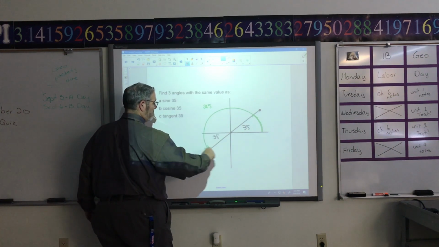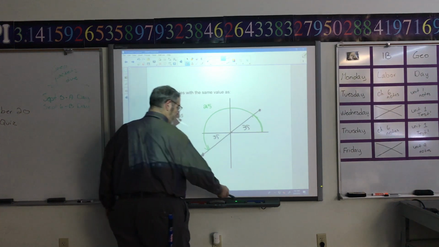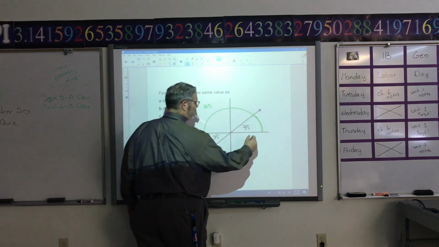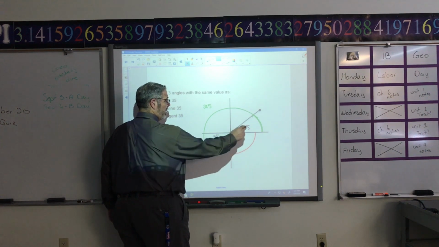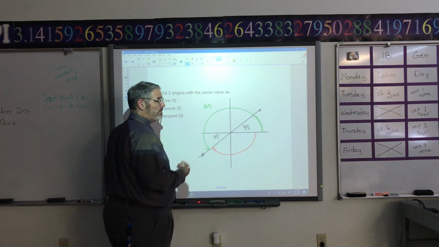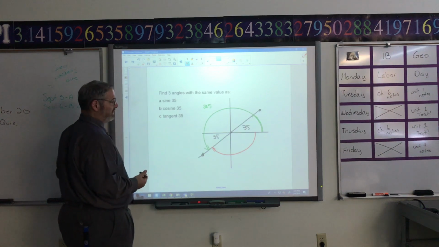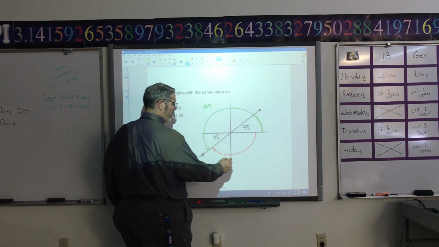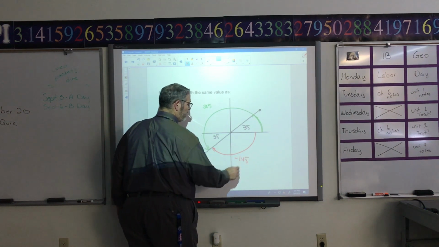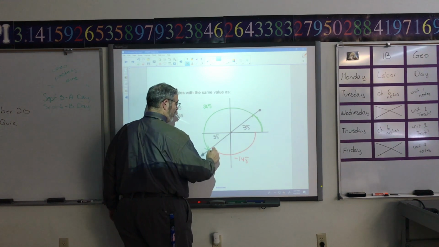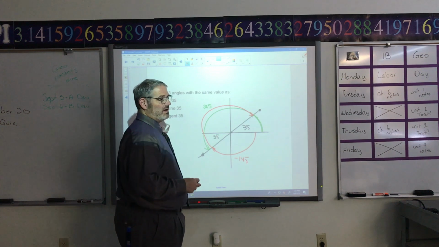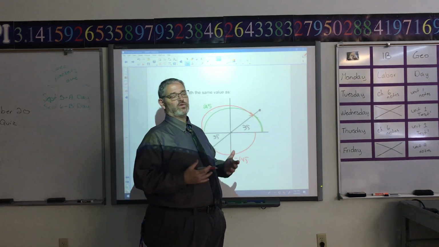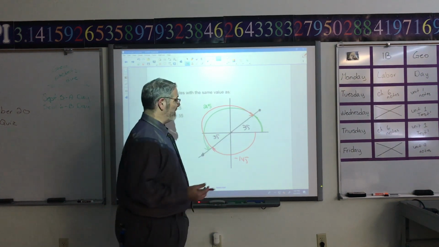And then going in the opposite direction, in the negative direction, from here to this same point, it's going to be 180 minus 35, which will be 145, or negative 145. And from here all the way to here, it'll be 360 minus 35, which will be 325.